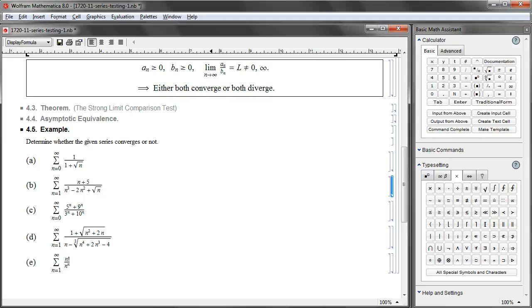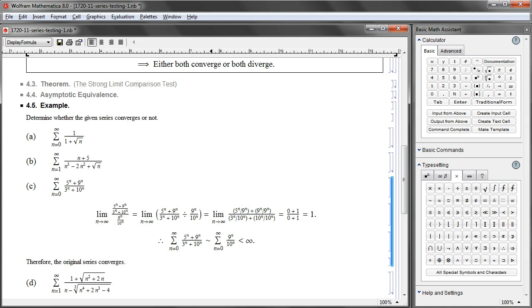How about this problem here? 5 to the nth power plus 9 to the nth power. This time, what's the most important term, leading term for numerator? 9 to the nth power is dominating. Denominator, 10 to the nth power is dominating. The others are unimportant because they are much smaller. So we have this kind of computation.